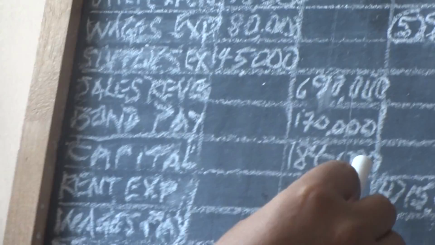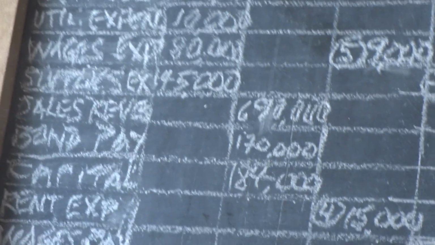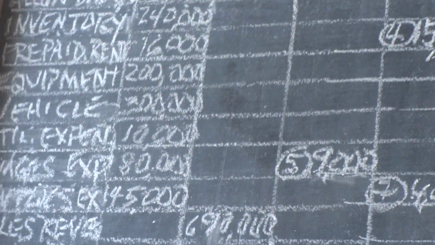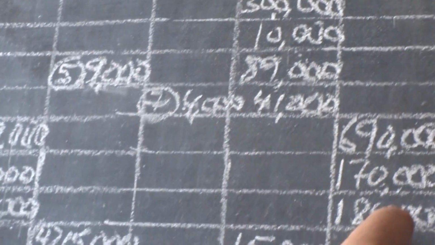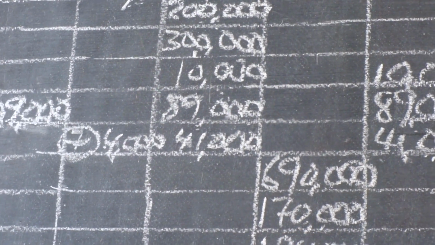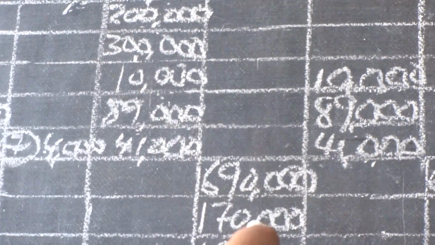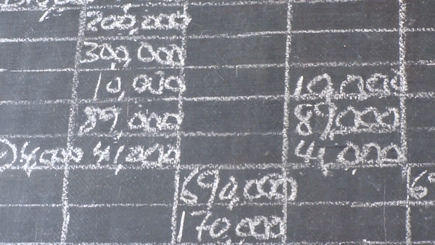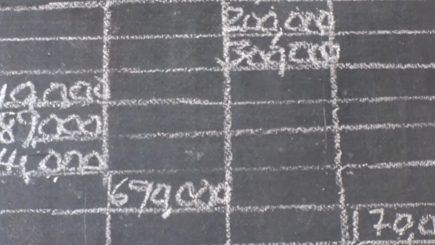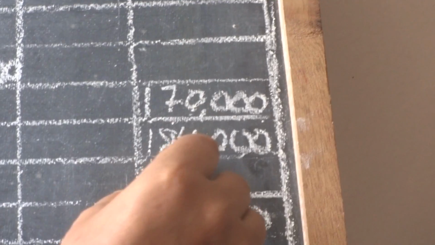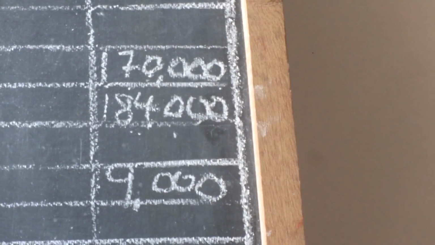Then we have the account capital for $184,000, which is confirmed by the stocks that the company has, and this goes to the column credit in the adjusted trial balance, and then to the column credit in the balance sheet.